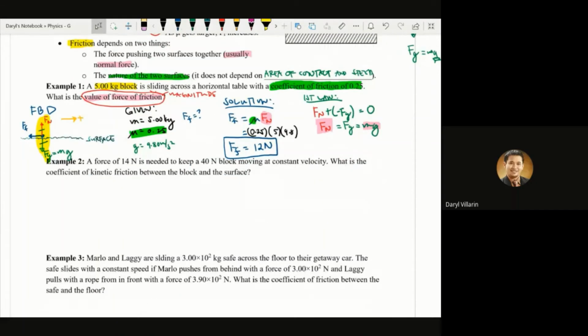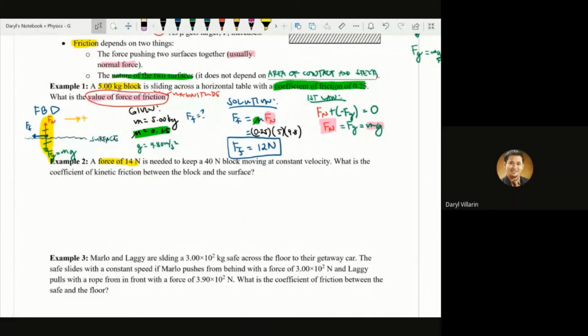A force of 14 newtons is needed to keep a 14 newton block moving at a constant velocity. You should be careful with these terms here.